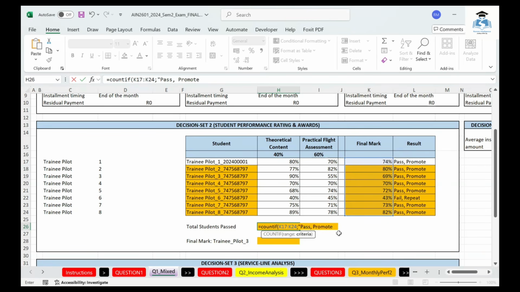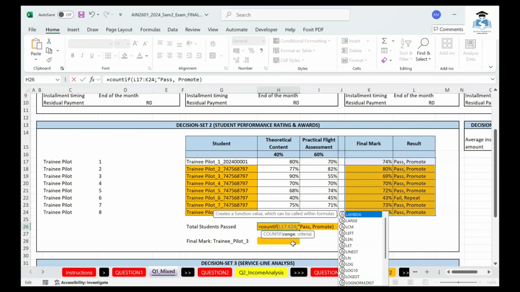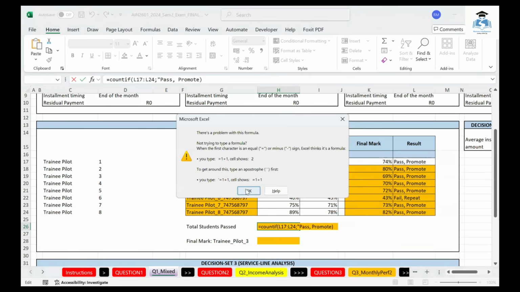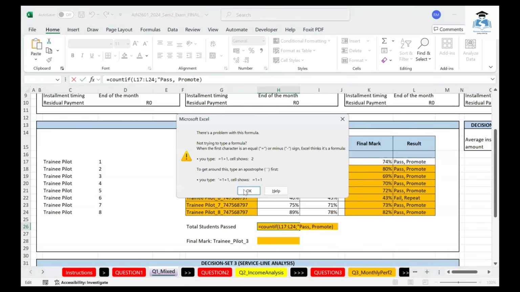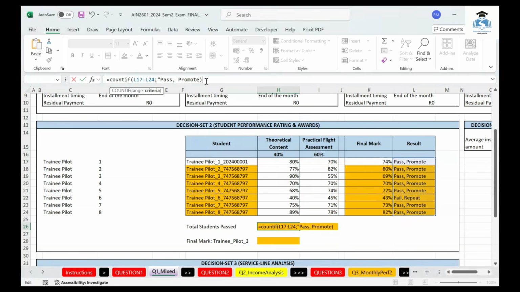I didn't use L, I need to change this. Remember, I said when you find this error, what it means is that when you were writing your formula, here it gives you a guide.